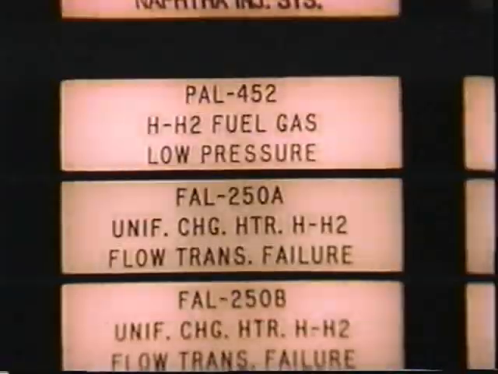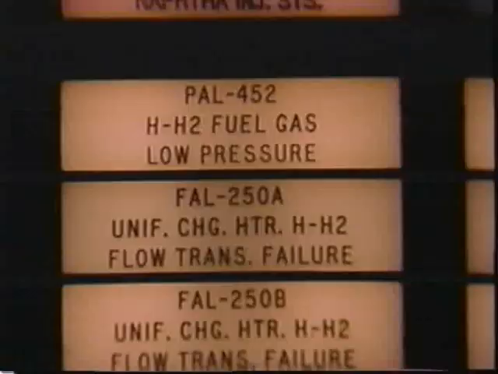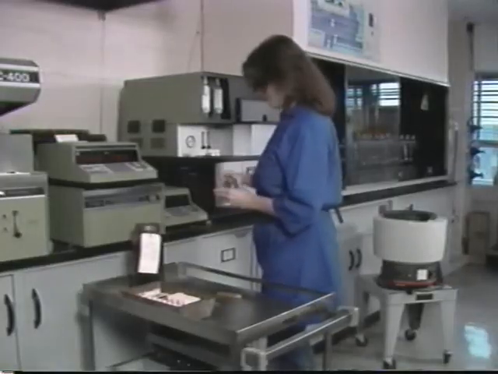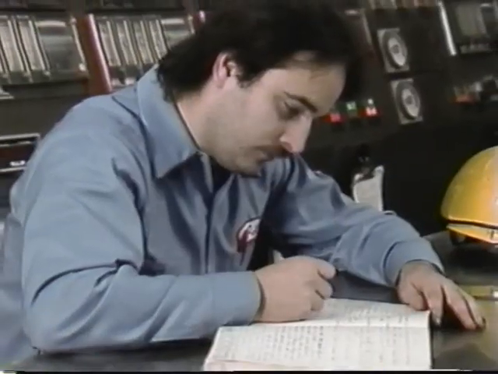Abnormal readings, alarms, or annunciators often can enable an operator to pinpoint a problem. You may also need to refer to diagrams of the process, lab test results, unit logs, or indications of process trends to help you discover the cause of a problem.